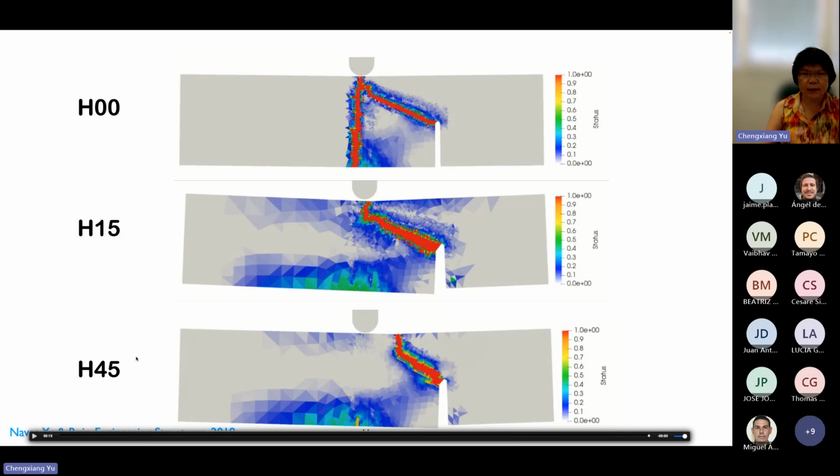What you can see is that by adding more steel fibers, we have prevented the central crack, the fracture crack, and also moved the mixed mode fracture or mixed mode crack to the right.